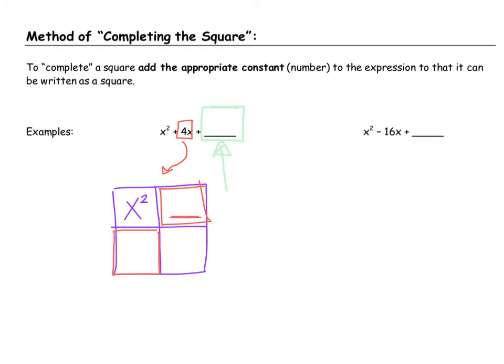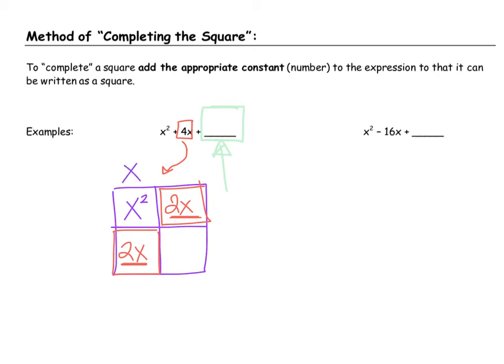We know that this term and this term make up the x term, which means that I need to split this 4x equally into these 2 boxes. So I'm going to put half of 4x in each box, which gives me 2x and 2x. And this allows me to finish out the puzzle.